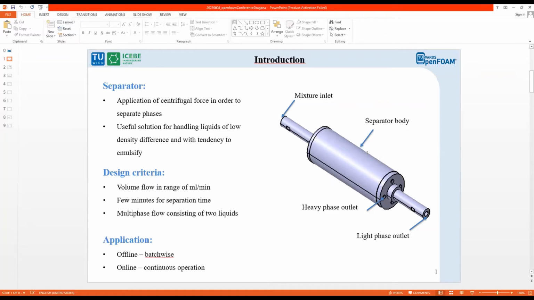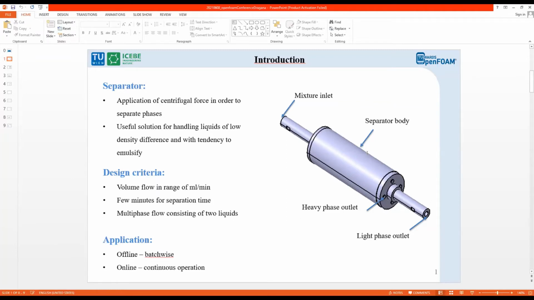The main reason was the ability to handle liquid phases of low density difference and those with a tendency to emulsify. Design criteria were volume flow in the range of milliliters per minute, multiphase flow consisting of two phases, and separation time of a few minutes or less.